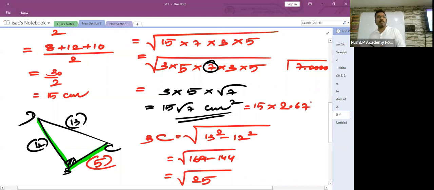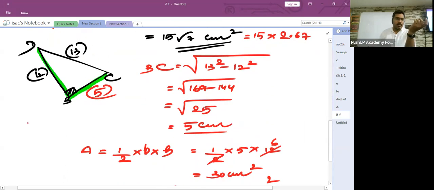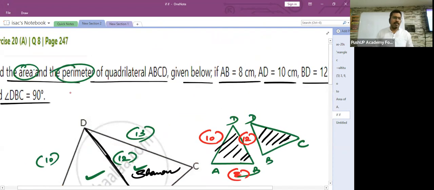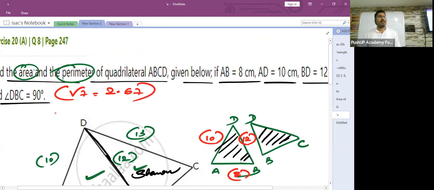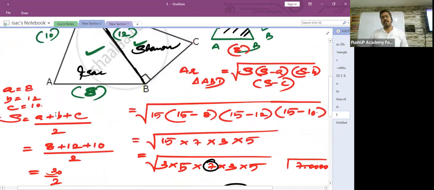If they want us to find the decimal value, then in the exam, in the bracket of the question, they will mention root 7 is equal to 2.67. They will give this value to you, because they don't want us to waste time finding the square root of 7. So that will be mentioned. Nothing to worry. If it is not mentioned, just leave the answer as 15 root 7 plus 30 centimeters square.